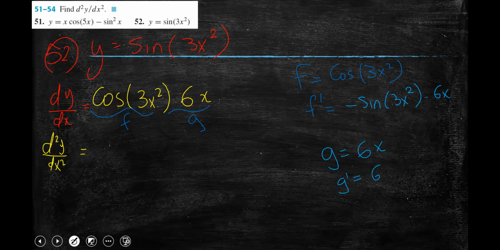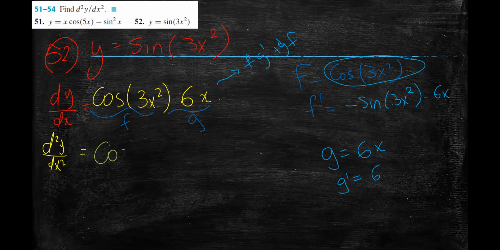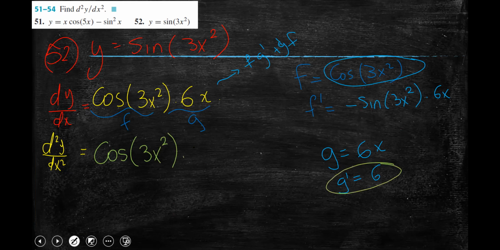Now the product rule, sorry, it is f g prime plus g f prime. Now where's f? It is cosine 3x squared times g prime. Where's g prime? The 6.